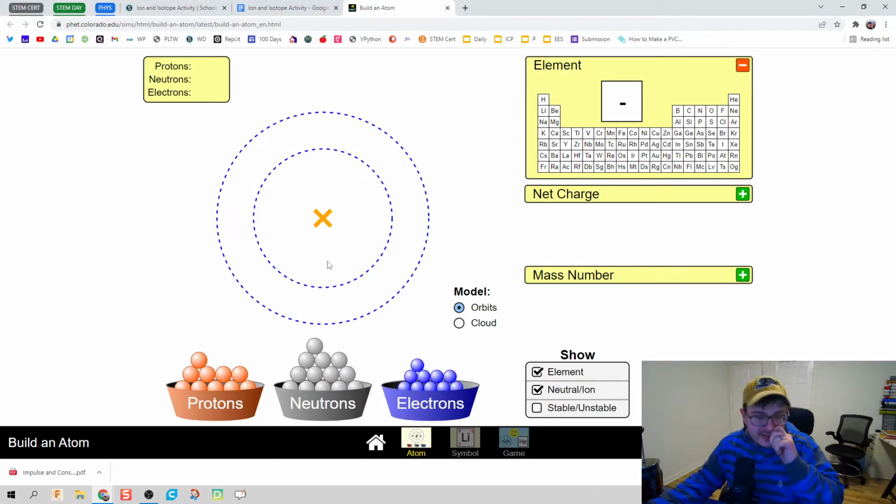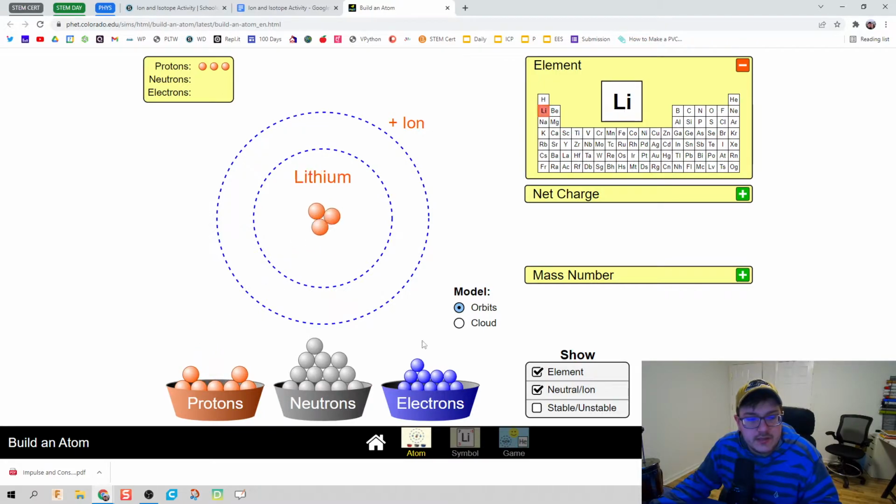So before this, we learned that there are three subatomic particles. You have protons, neutrons, and electrons. Protons determine what element you have. So if I got 3 protons right here, let's go ahead and click stable, unstable. We have lithium. Lithium on our periodic table has a 3 on the atomic number, so it tells us we have lithium. As far as neutrons go, that helps us determine our atomic mass.